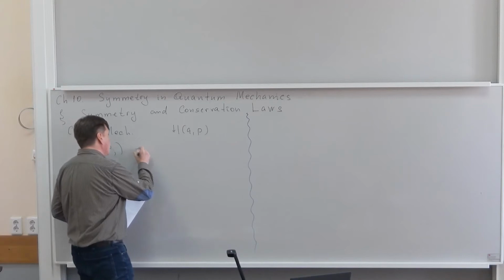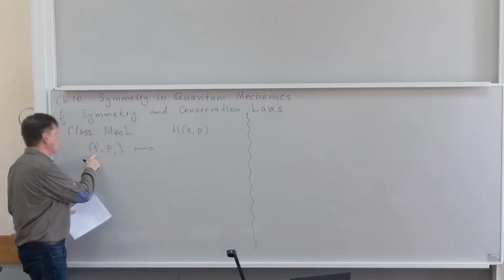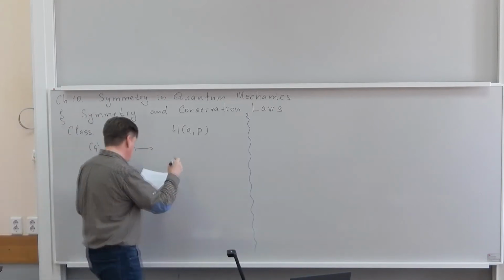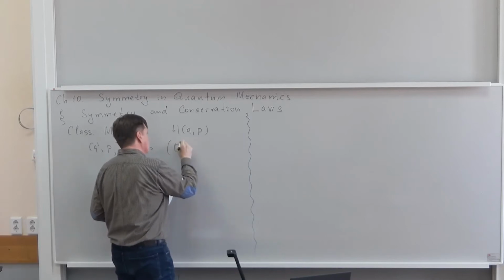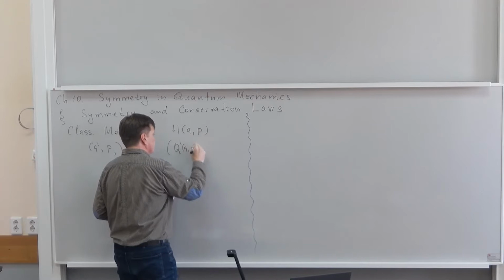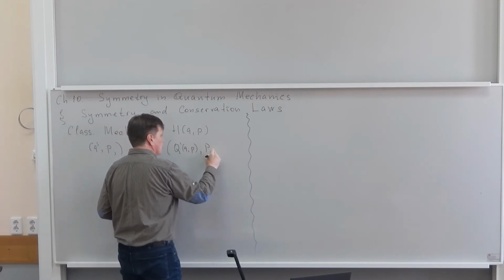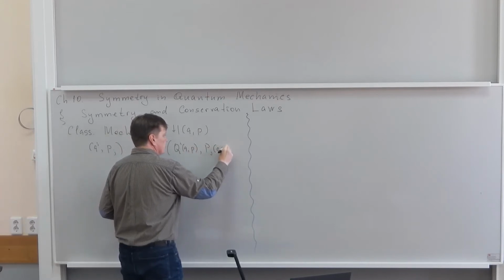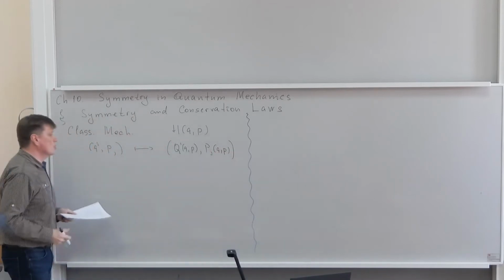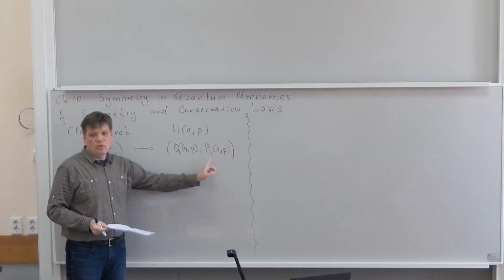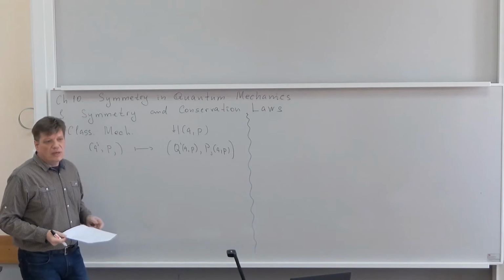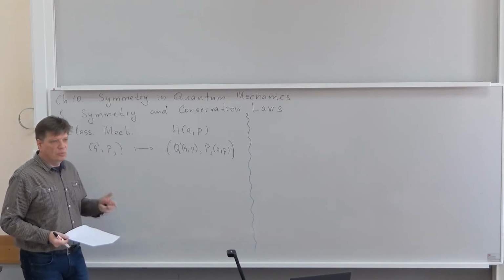So we consider a coordinate change from lowercase q, p to the new coordinates. Let me denote them by capital Q and capital P, so that the new coordinates Q and P satisfy the same canonical Poisson bracket relations.